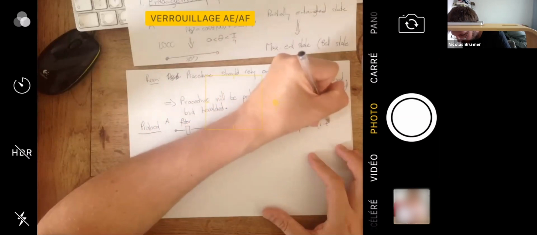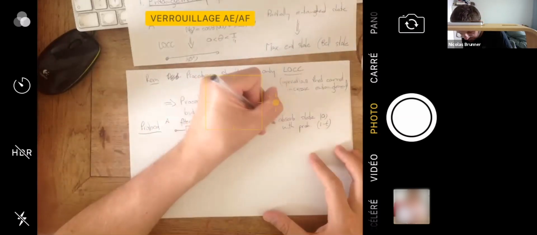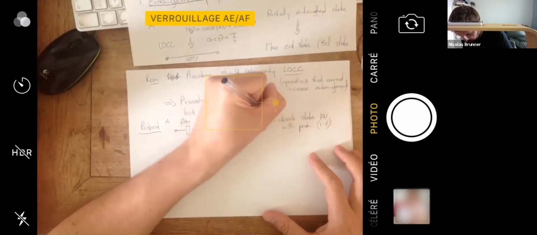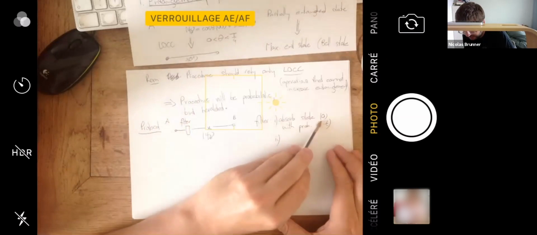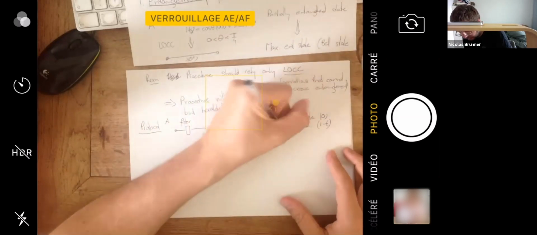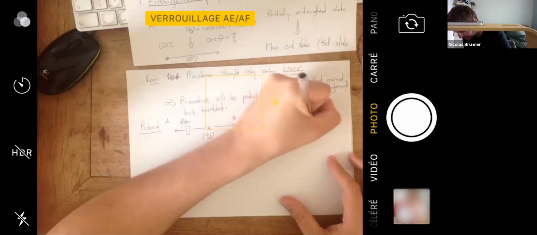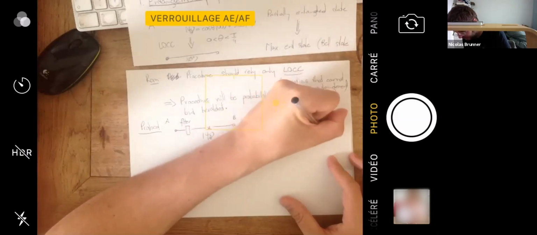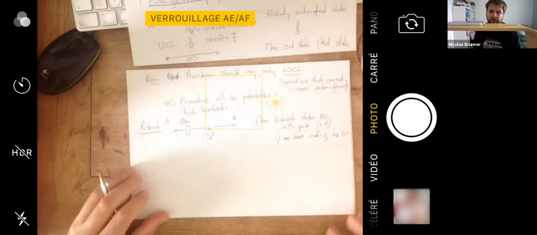Okay, let me use the same notation as in the notes, with probability 1 minus t. So the filter does these two things. It absorbs the state 0 with some probability, and it does nothing to the state 1.